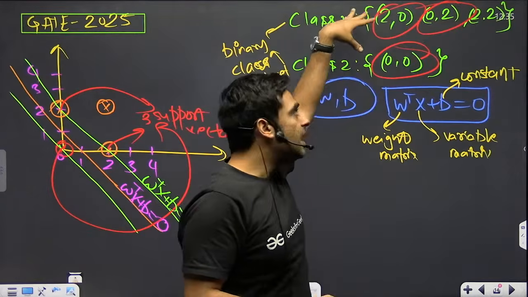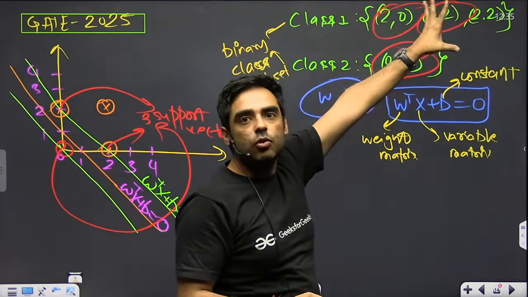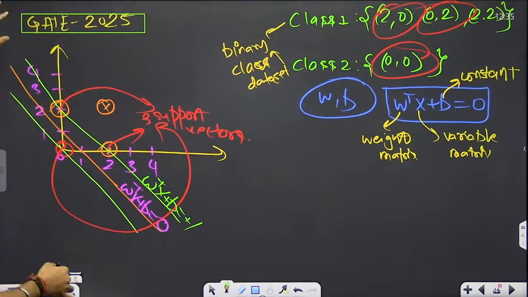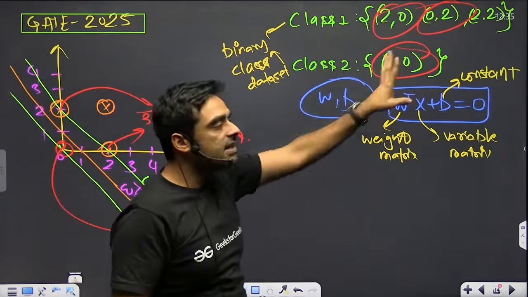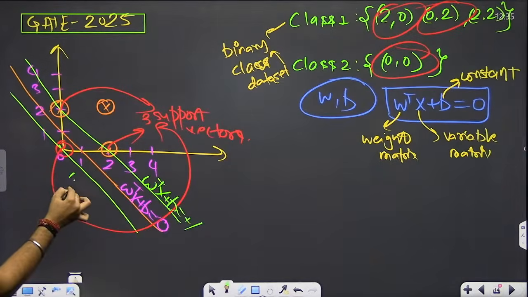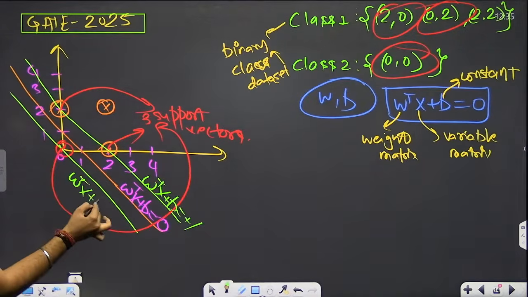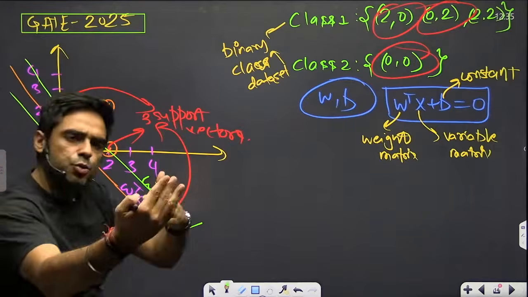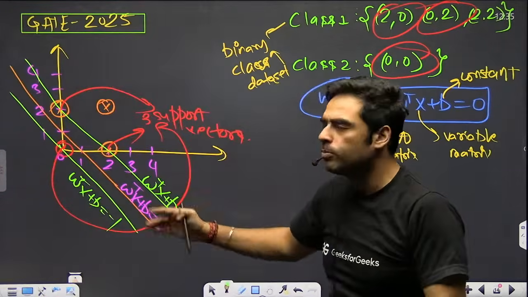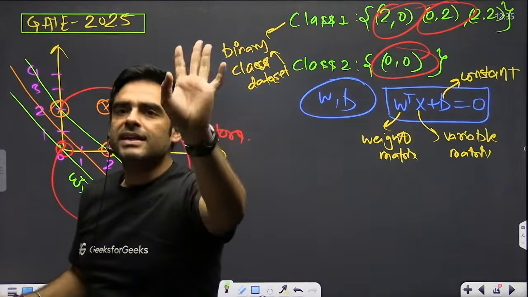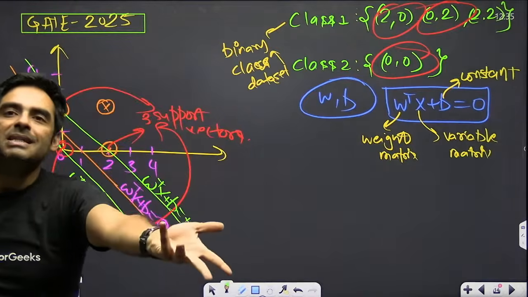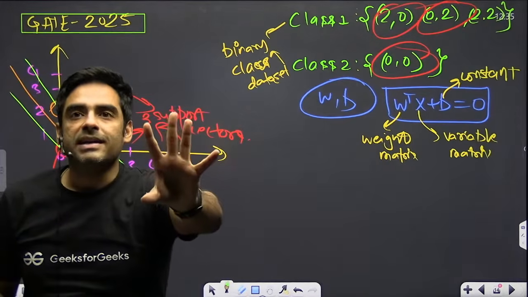I can consider this as the positive class and this as the negative class, so weight transpose into x plus b would be equal to -1. You can also swap them; both ways you can try and you will get the correct answer, because one time you will get it wrong.